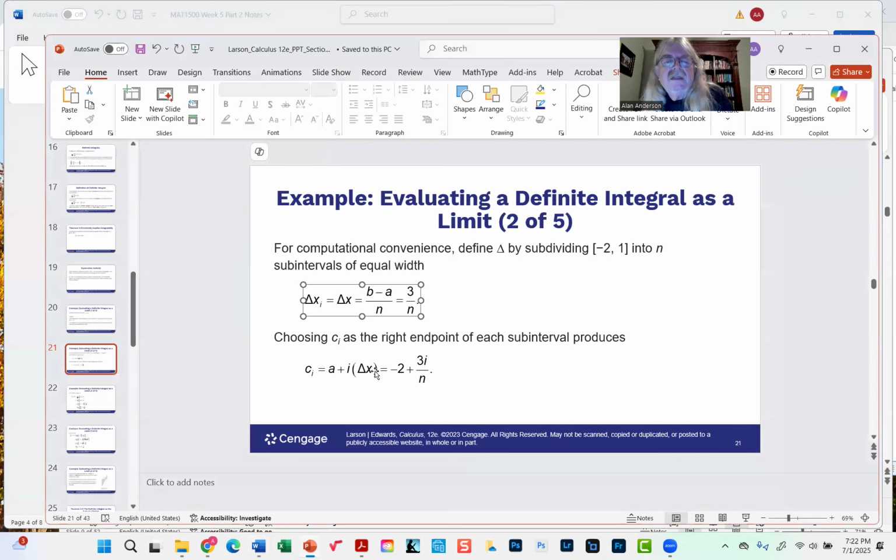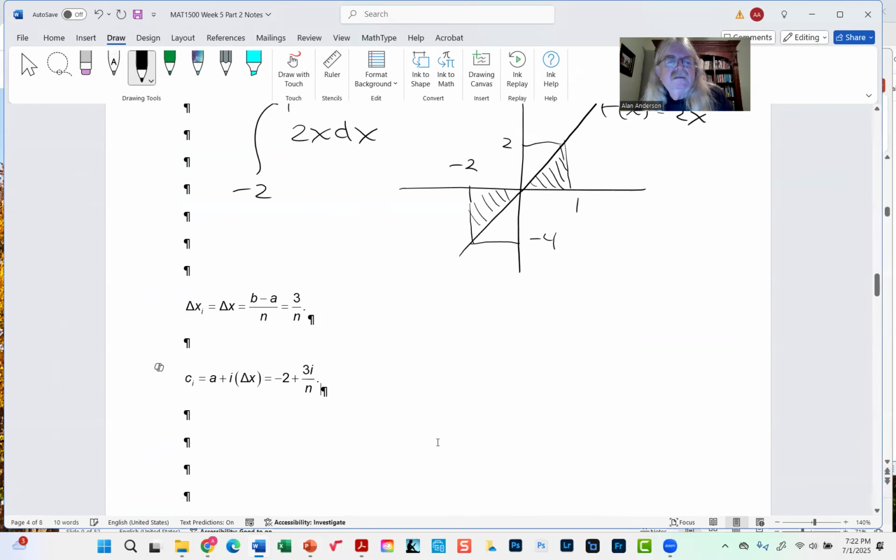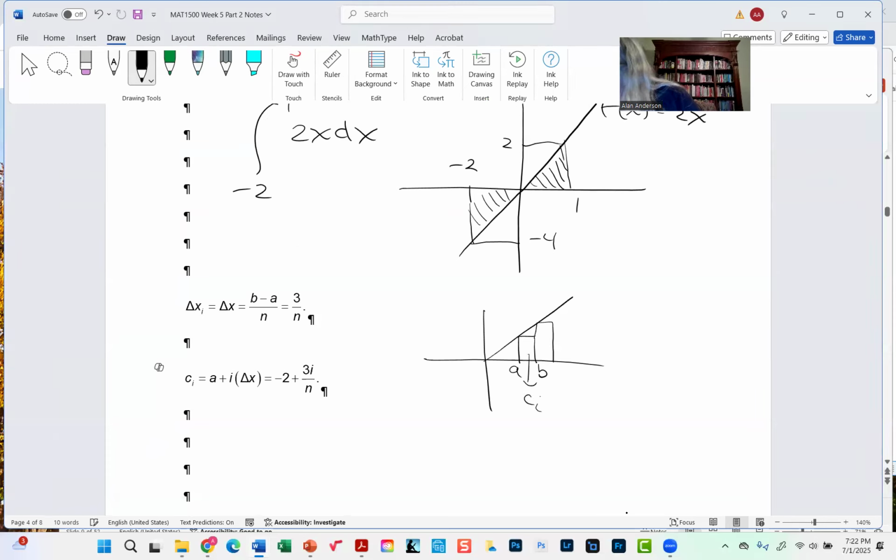And then we'll let C be wherever we are. A is the left endpoint. We're going to start with the left endpoint and then add i times delta x.